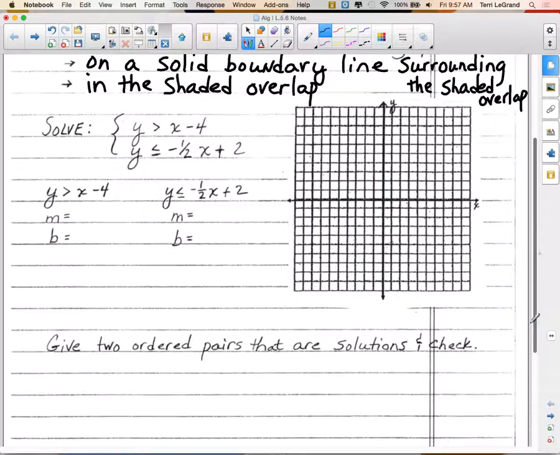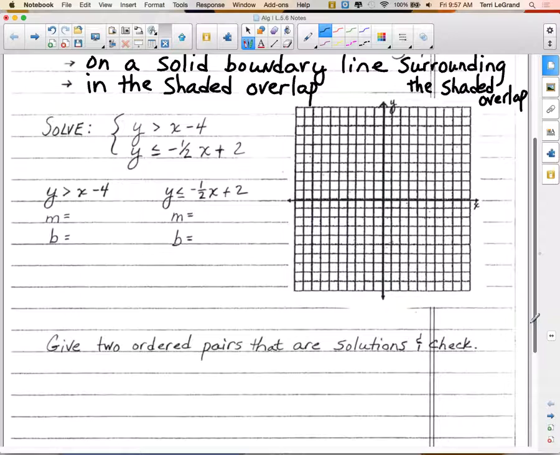So we need a negative 1/2 x plus 2, and again we need to go over to the left margin and tell it that we want it to be is less than. These calculators can't do the solid and the dashed line part, but they can do the is less than, is greater than. So make it is less than, which would be the lower triangle one.